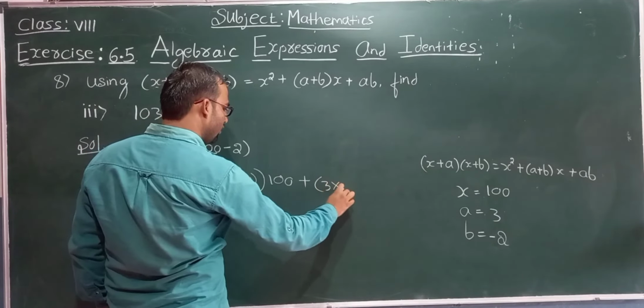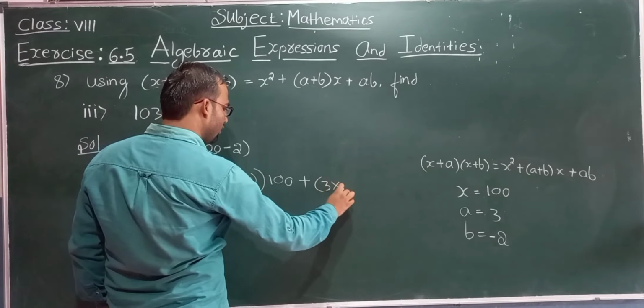Next, 100 square will be 10,000, plus 3 plus minus 2 into 100, plus bracket, plus into minus will be minus, 3 2s are 6.